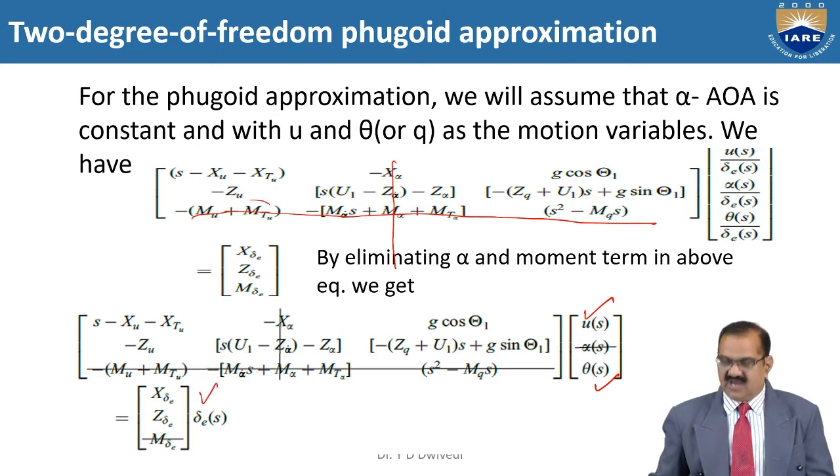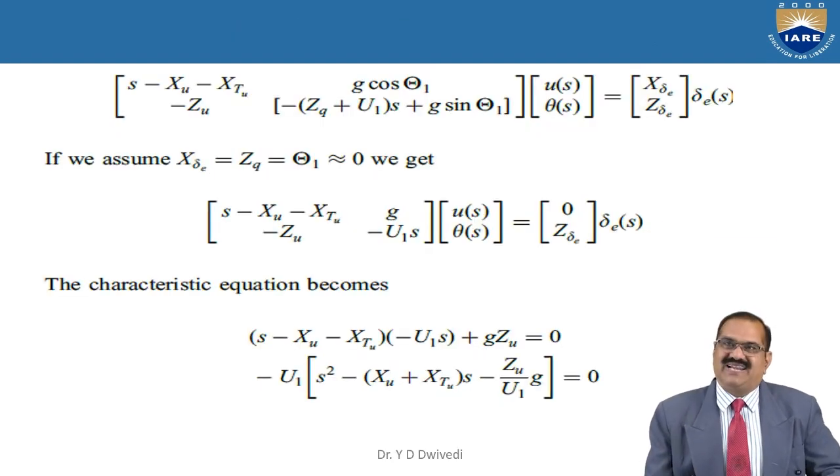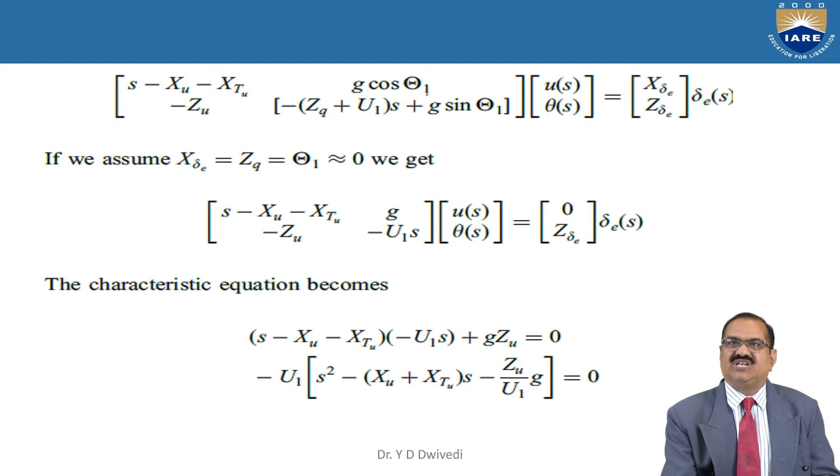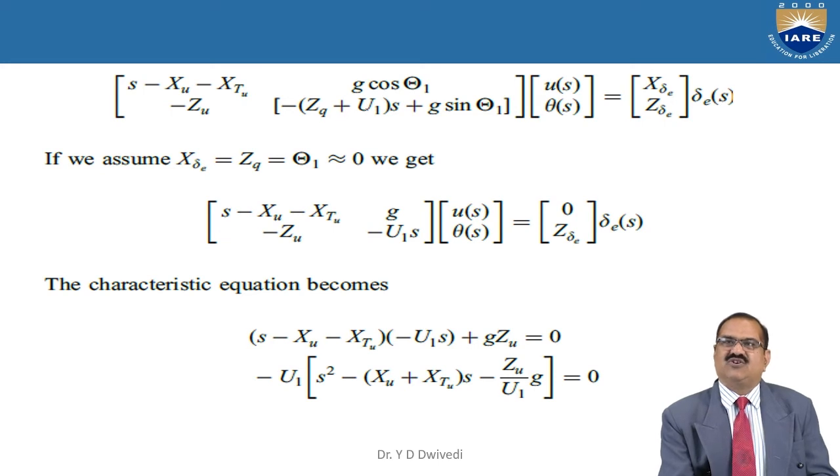In this way we get the matrix: s minus Xu minus Xtu, and g cos theta 1 in the first row; in the second row minus Zu, and minus Zq plus U1 s plus g sin theta 1, multiplying u(s) and theta(s). This is all we will get.